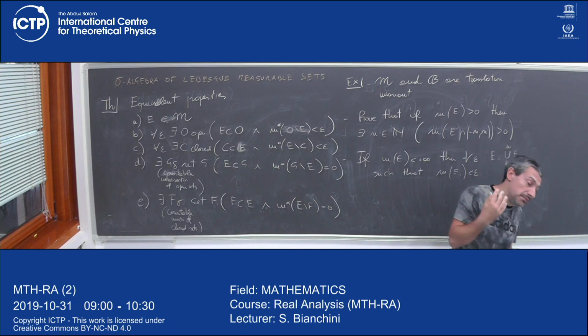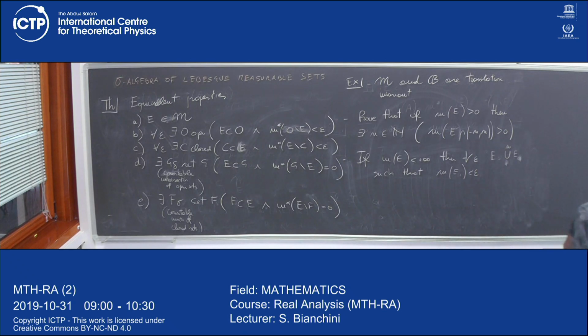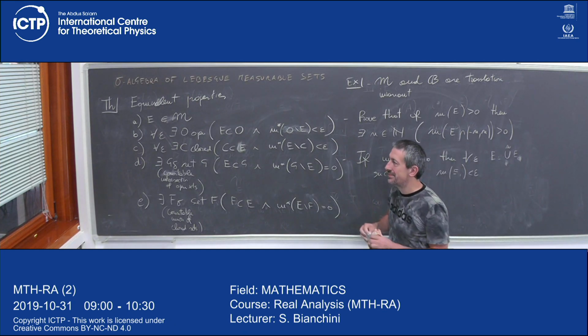And so you see that how many measurable sets there are depends on the freedom you have to choose this. You observe that the set theory axioms you can use play a role, but this is a really powerful thing.